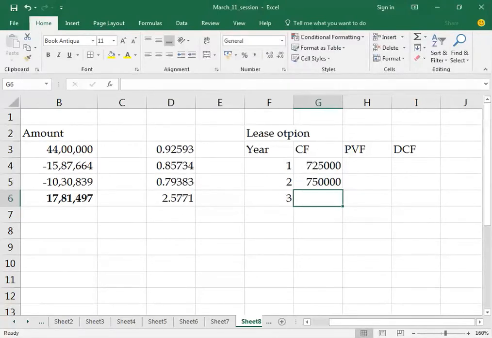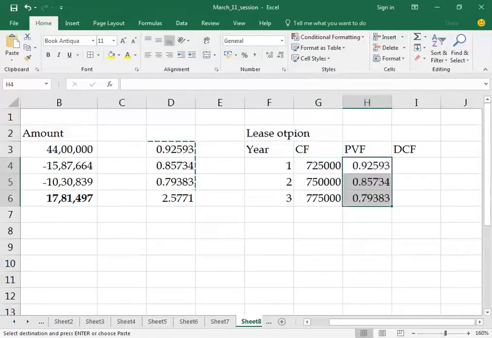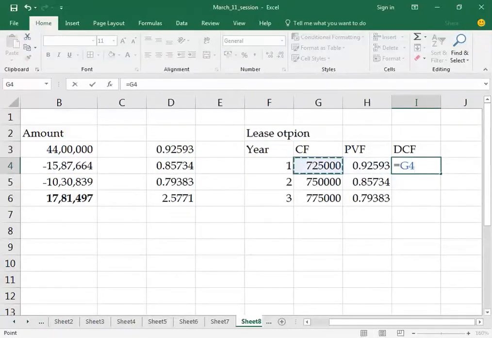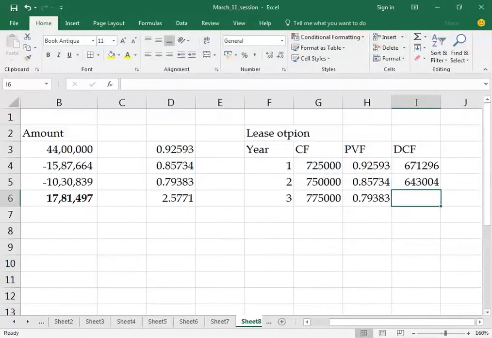And 15 lakh 50 into 50%. You'll have to consider the tax impact. Please be careful about that.